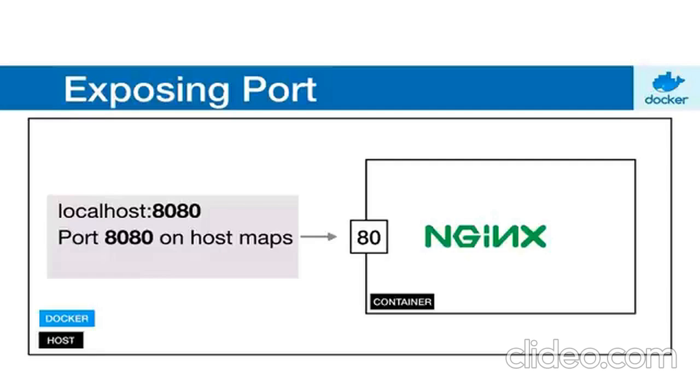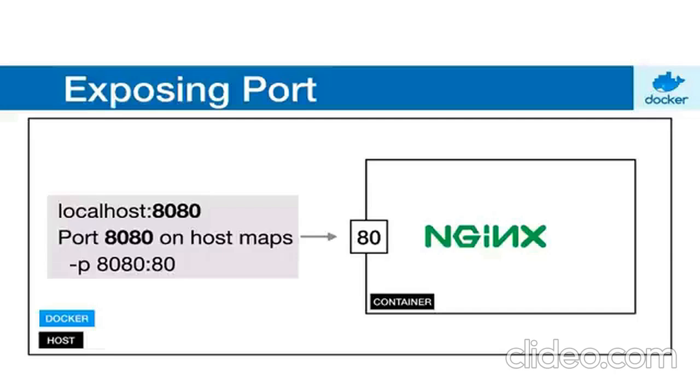And the way that we achieve this is simply by adding -p before we run the container. So -p 8080 from the host should be mapped to port 80 on the container, and then we'll be able to access the application running from within the container.